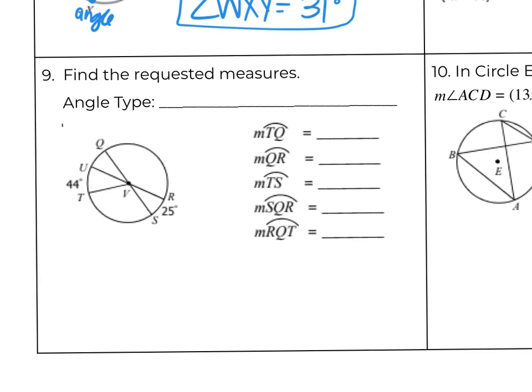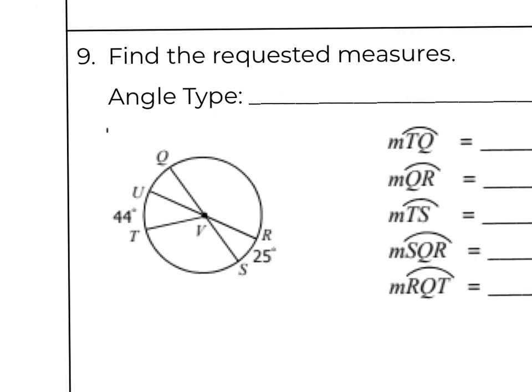Okay, I will show you one thing on 9, and then I'm going to have you try, because it's really just like a puzzle, and it depends which order you do it in. The only thing that we haven't talked about yet today is vertical angles. You will see those occasionally still. I'll give you the hint.